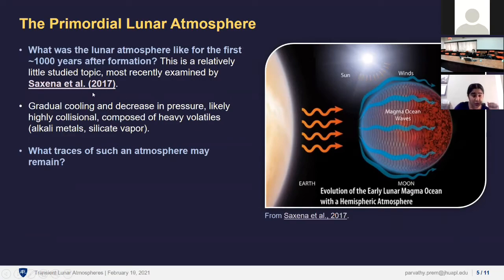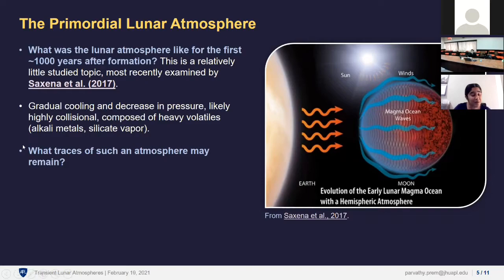Some of this recent work indicates that, as you might expect, over time, within that first 1,000 years, this atmosphere gradually cooled, it gradually decreased in pressure as the magma ocean solidified and that silicate vapor became solid rock. It was likely a highly collisional atmosphere, so really an atmosphere rather than an exosphere.